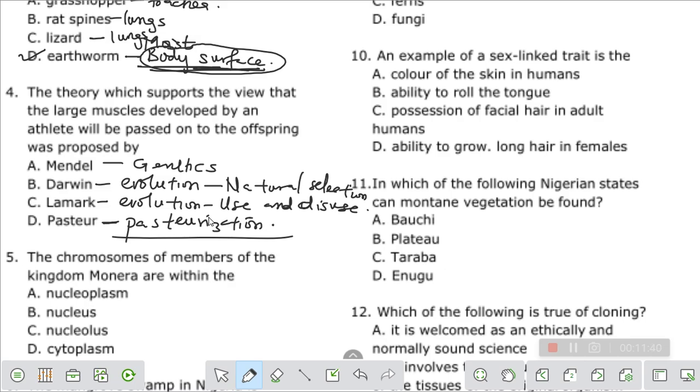Automatically, once they give birth to the boy, he's going to have that same six pack, and that theory is not correct. So the person that gave us that theory is Jean Lamarck. So that's why we go for option C.